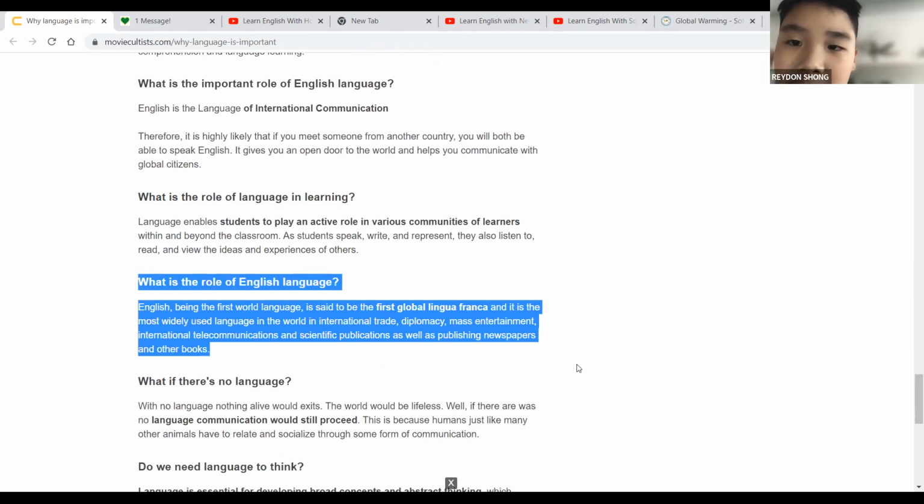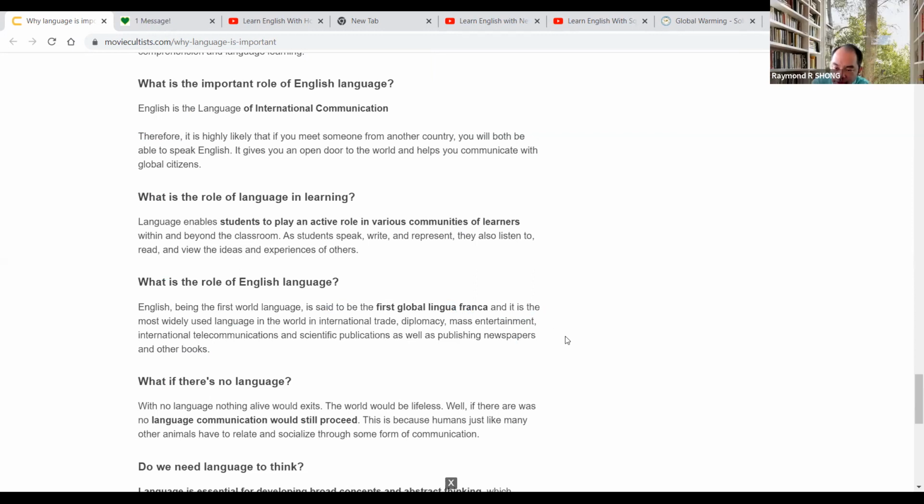English begins in the first word language. It is said to be the first global lingua franca, and it is the most widely used language in the world.